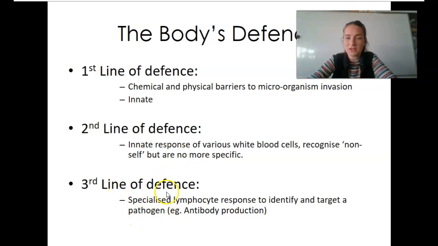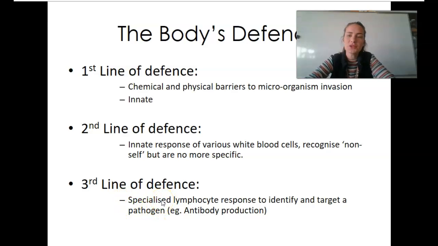Third line defense is a whole other story. That's the special forces. They are the ones that recognize particular wanted individuals, those pathogens that the body has encountered before and stores a memory of, and will be able to act fast against in the future. So third line defense, we'll save that discussion until 7.3.